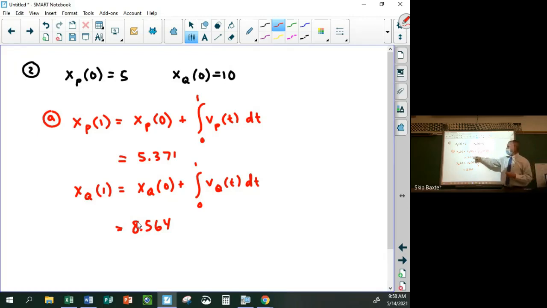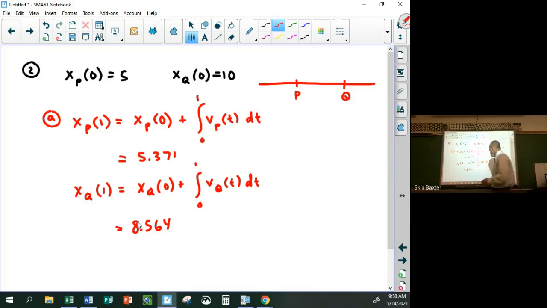It looks like the velocity of P would have to be positive, because if you look at a number line, P's here and Q's here, right? So P would have to be positive and Q would have to be negative in order for them to be moving toward each other, right? What if P is moving really quickly and Q is moving really slowly that direction? They're still moving toward each other, aren't they? So okay, we need more information.